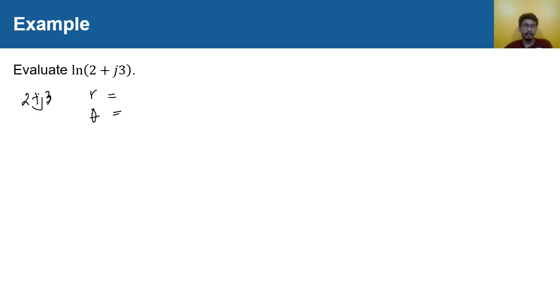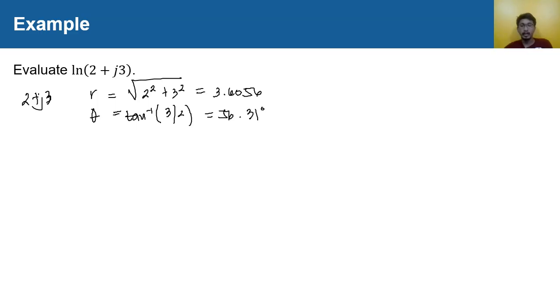So r is the square root of 2 squared plus 3 squared. That's equal to 3.6056. And then theta, we have the arctangent of 3 over 2. So that is equal to 56.31 degrees. And this is located in the first quadrant of the Argand diagram.